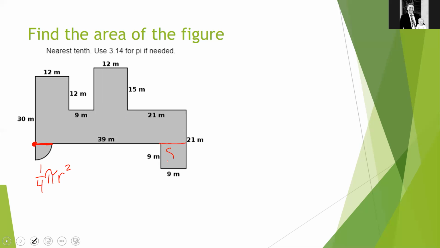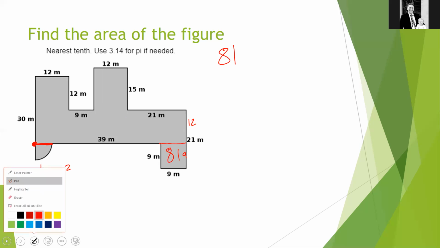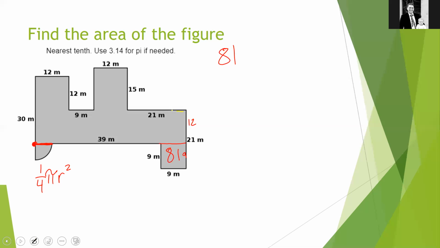This is going to give me 81 inside there. Now, if I cut off 9 on each side, then there is 12 left for a height here. Okay, that's going to actually be very useful for me because that means I can say that this whole rectangle is 12 tall by 39 meters.